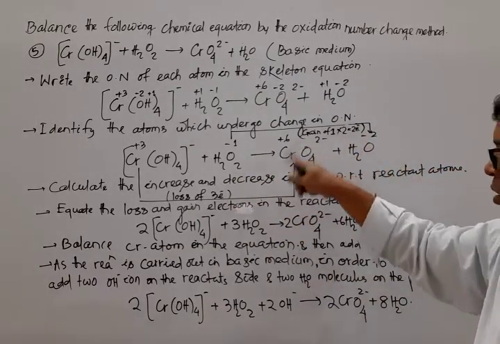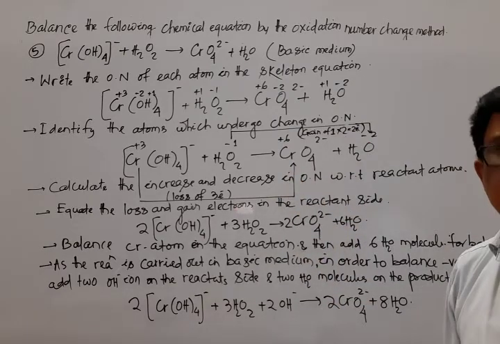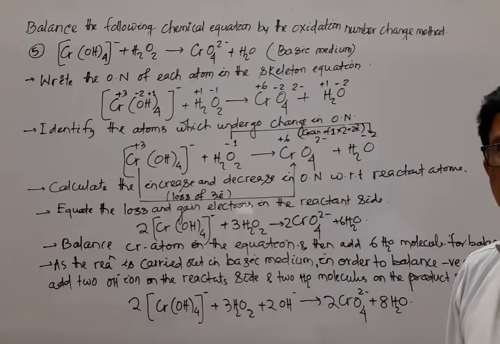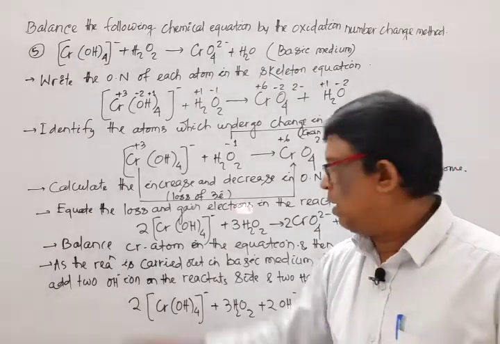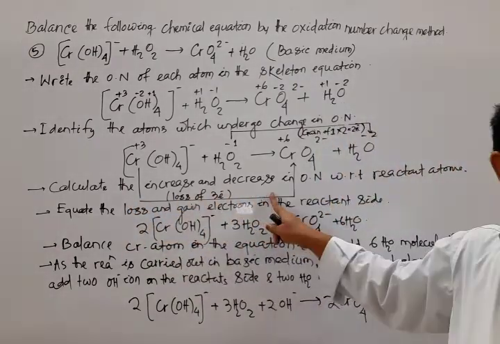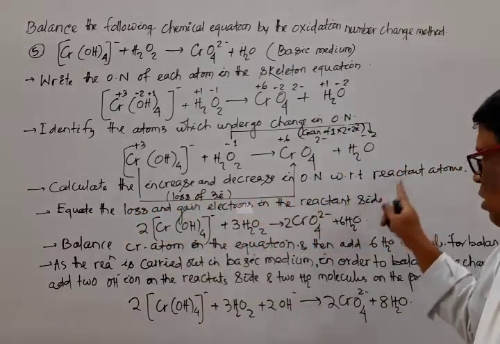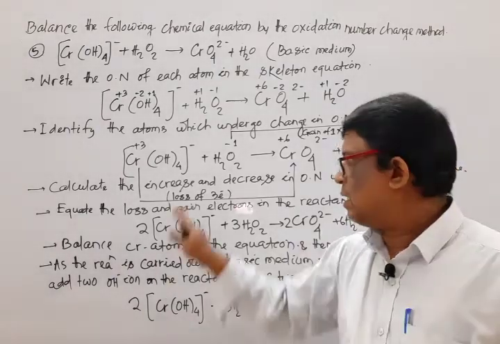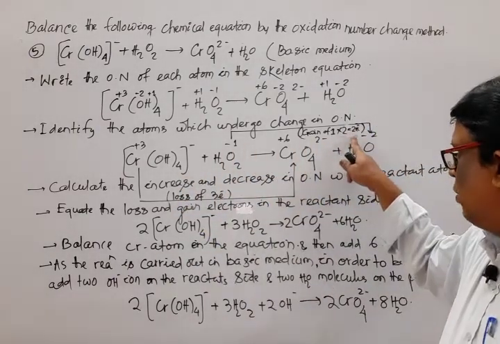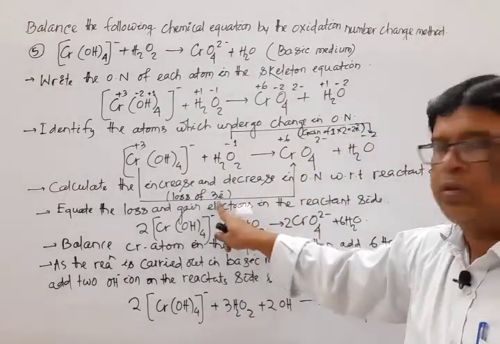Mention the loss and gain in electrons. Next, calculate the total increase and decrease in oxidation number with respect to the reactant side. Here is gain of 2 electrons, here is loss of 3 electrons.